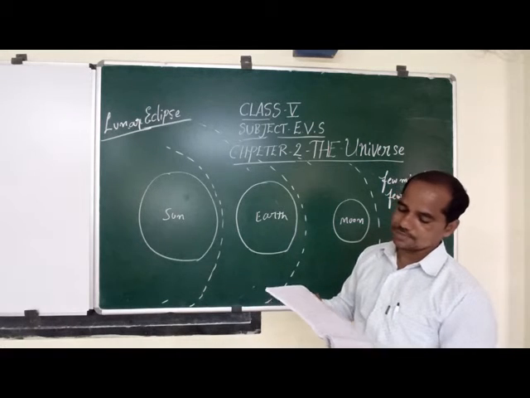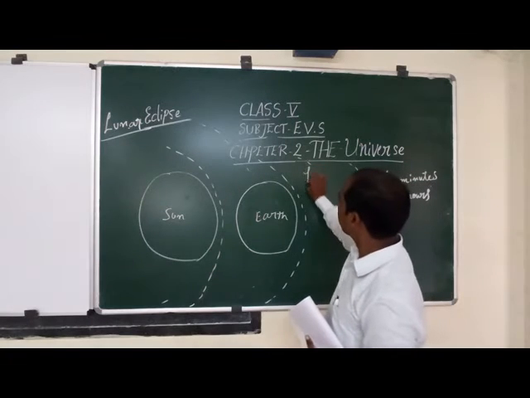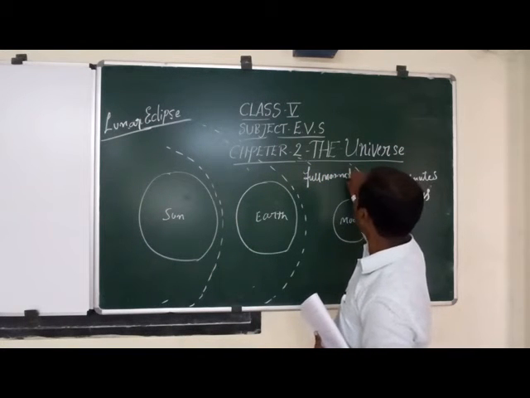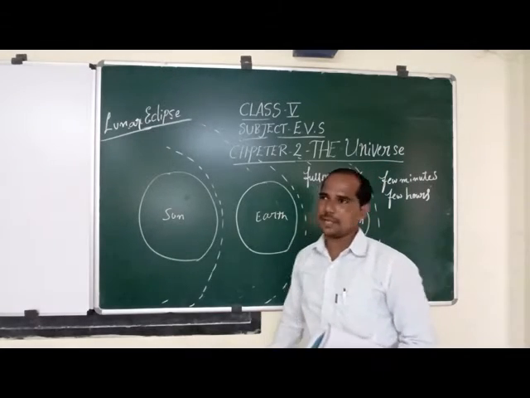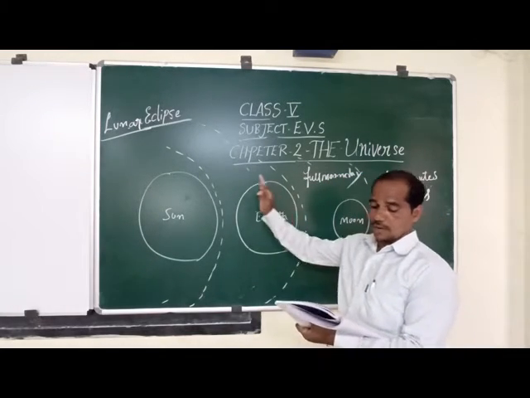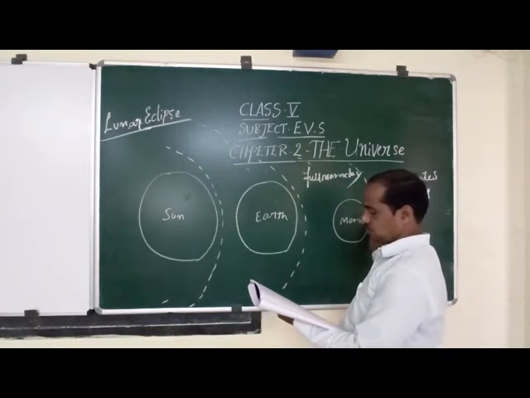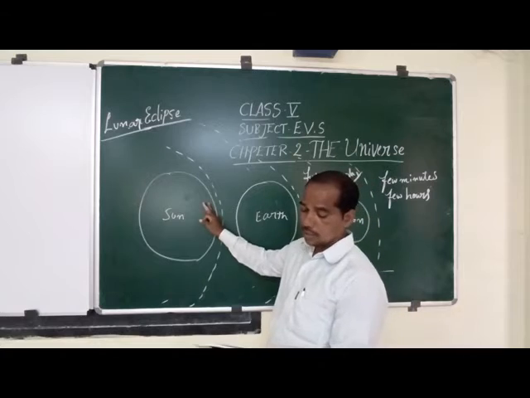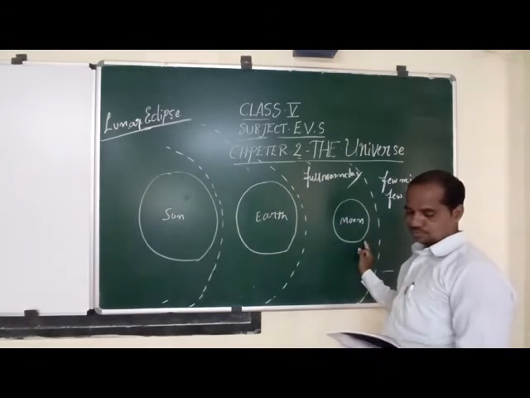Okay, children, understood now what is a lunar eclipse? A lunar eclipse occurs only at night, and on full moon day only it appears. When the earth comes between the sun and the moon, and the earth blocks the sunlight, the earth casts a shadow on the moon.